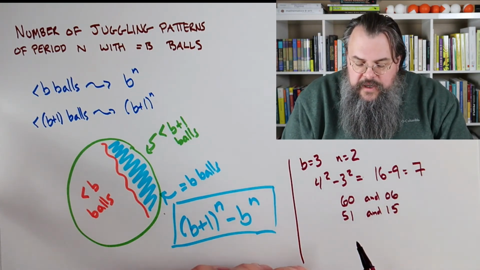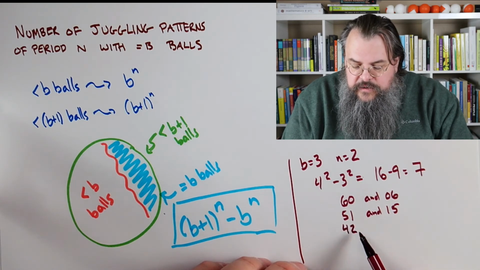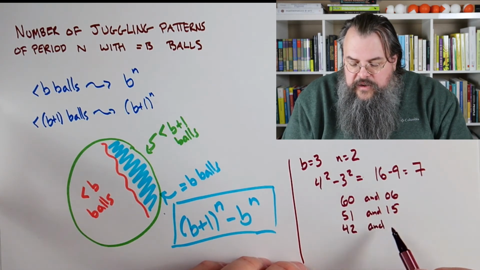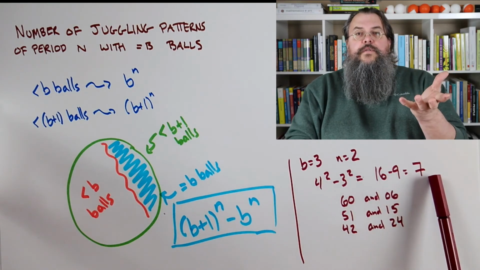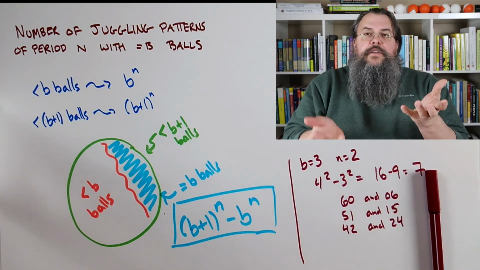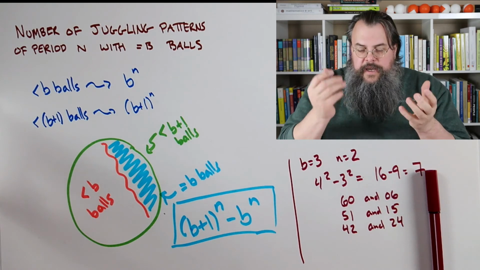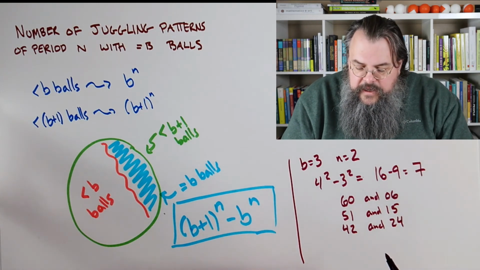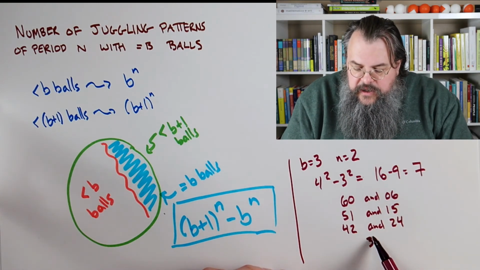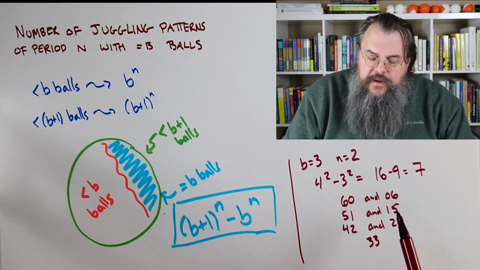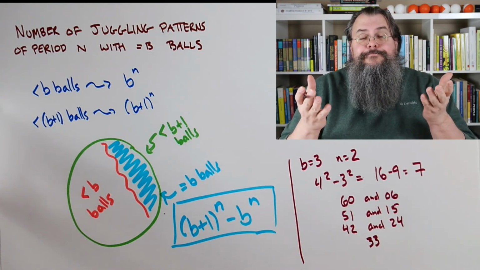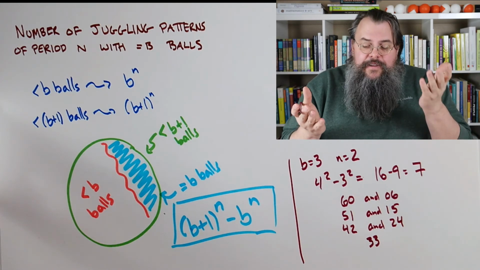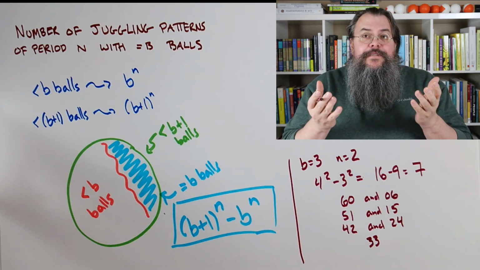That's pretty straightforward. There's 4, 2. And also 2, 4. And 4, 2, that's you hold a ball in one hand, and with the other hand, you juggle 2. Okay? All right. And there's 3, 3. Now you notice I put "and," because, hey, 6, 0 and 0, 6 are essentially the same, as is 5, 1 and 1, 5.